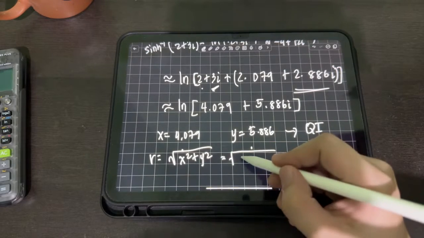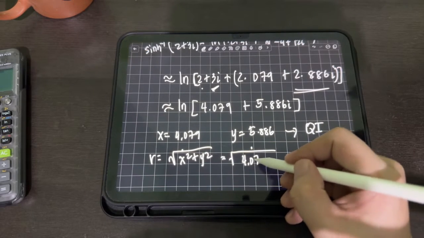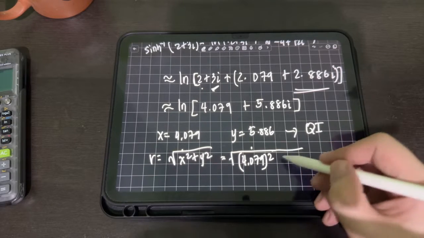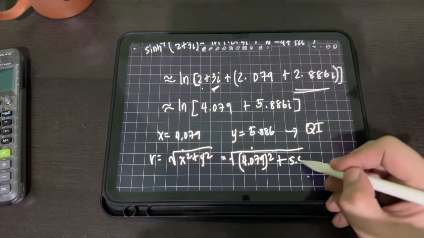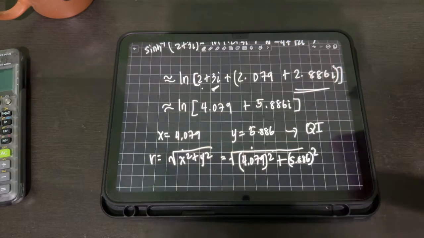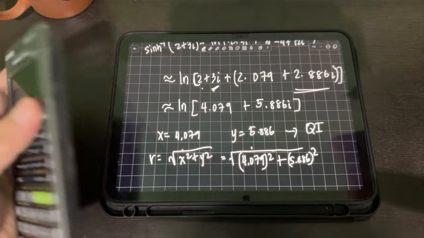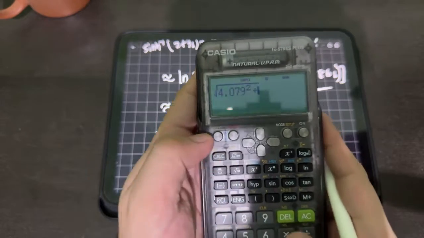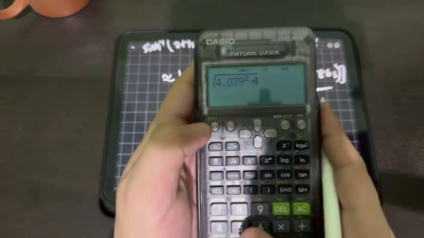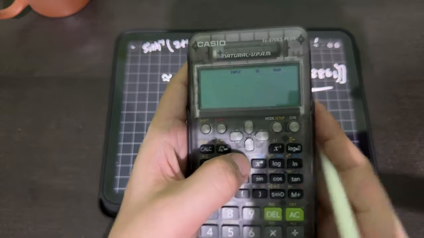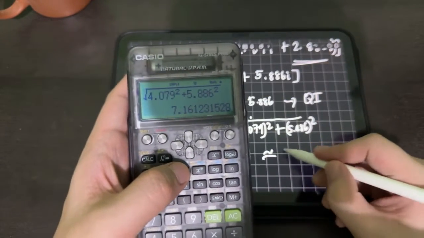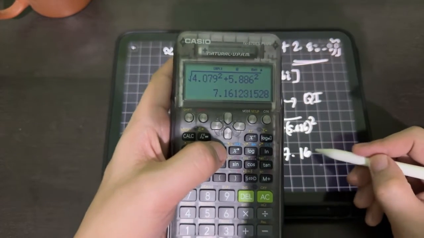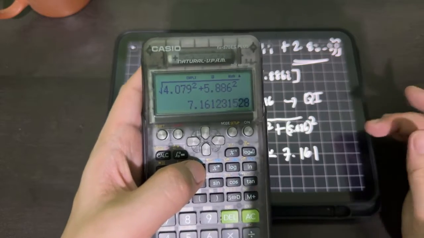Substitute the value of x, that's 4.079 squared, plus y is 5.886 squared. You can use your calculator. Input square root of 4.079 squared plus 5.886 squared, and you will get approximately 7.161 for the modulus r.